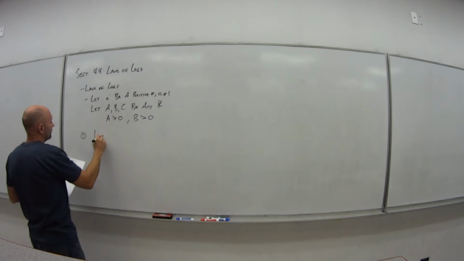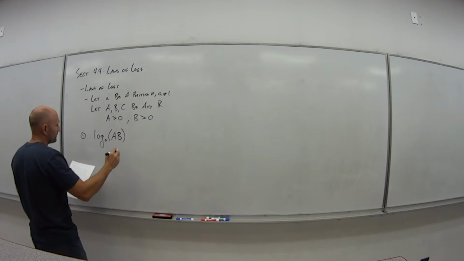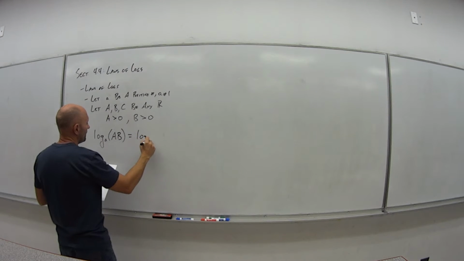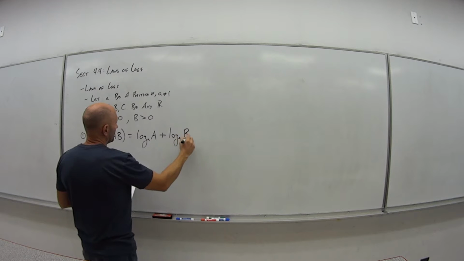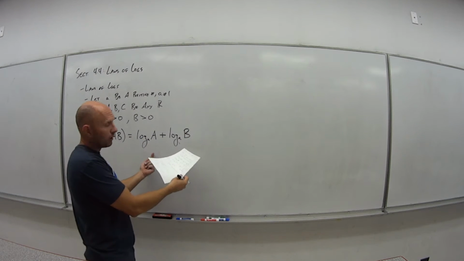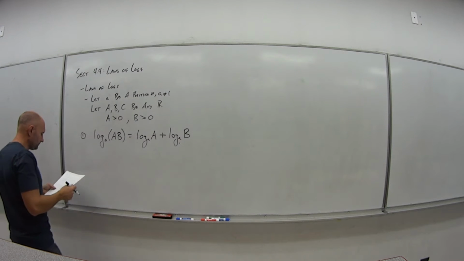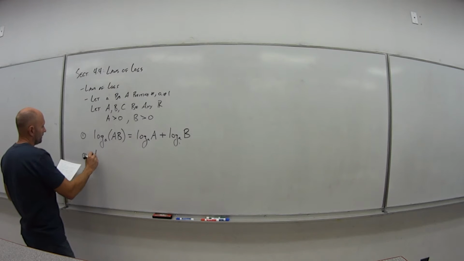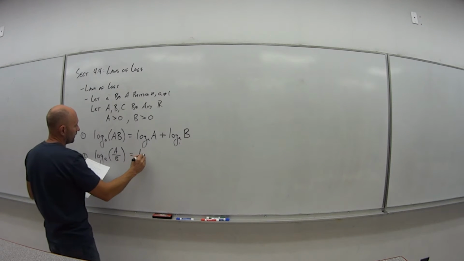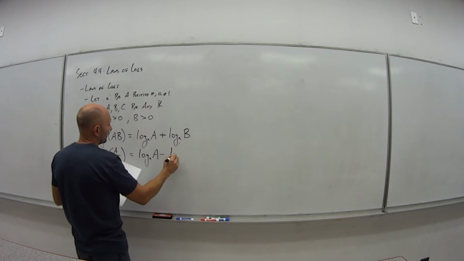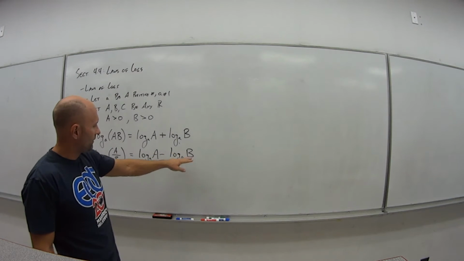Number 1 says that if I have log base a of A times some other value B, this is the same as log base a of A plus log base a of my capital B. So if I have the addition of two logs, as long as the bases are the same, I can combine them by just multiplying A and B. In addition, number 2, if I have log base a of A divided by B, this is log base a of A minus log base a of B. So if I have a fraction, maybe it's easier to separate them and then simplify.